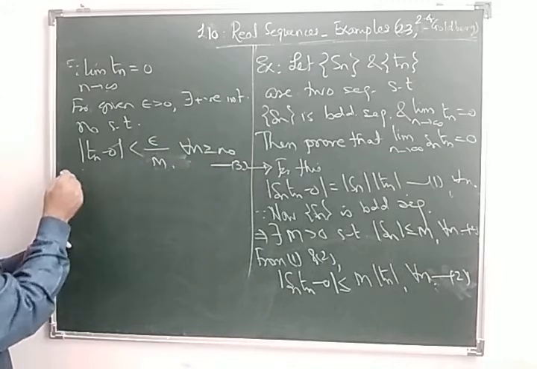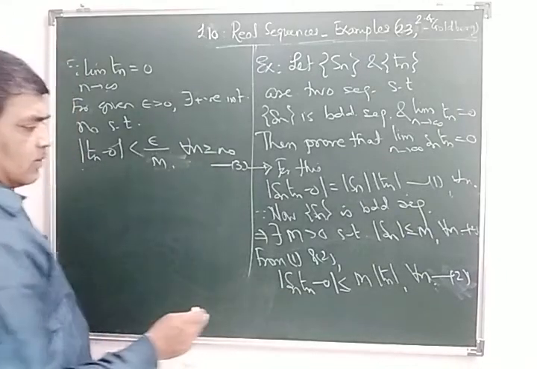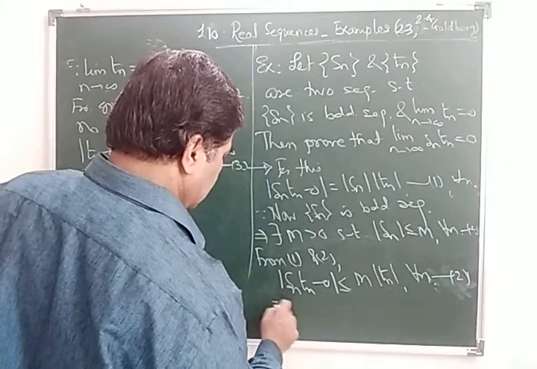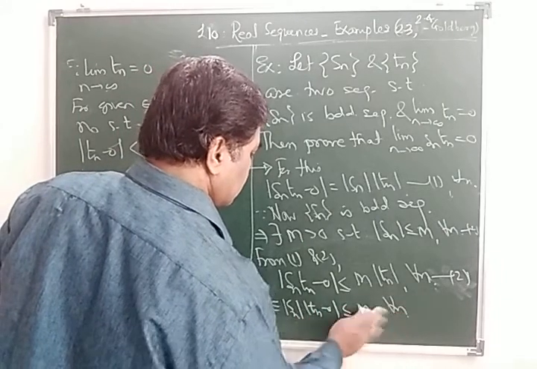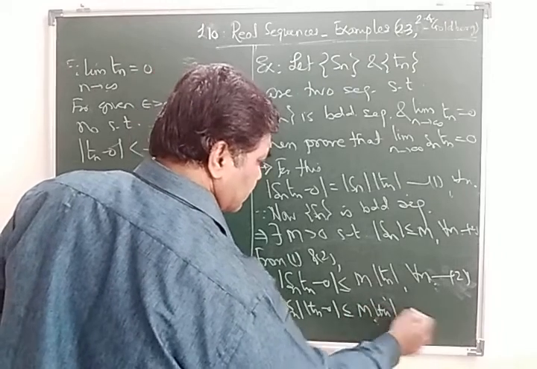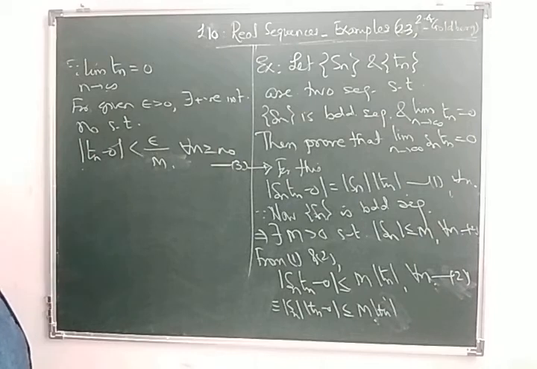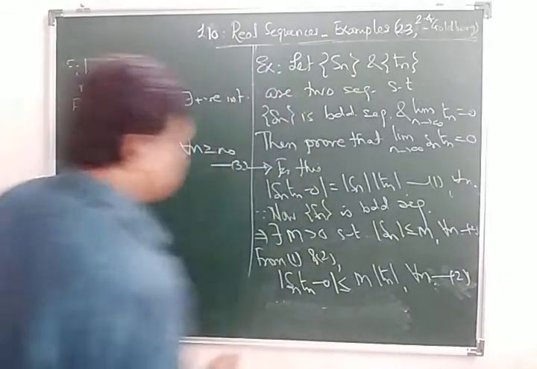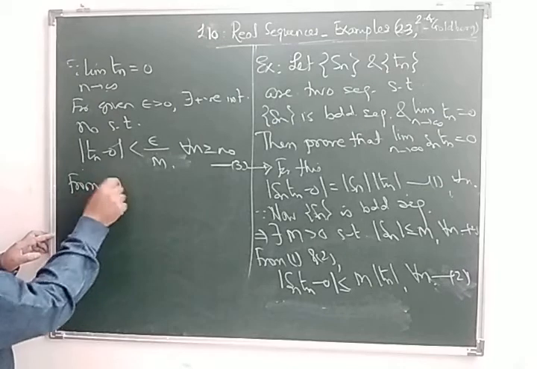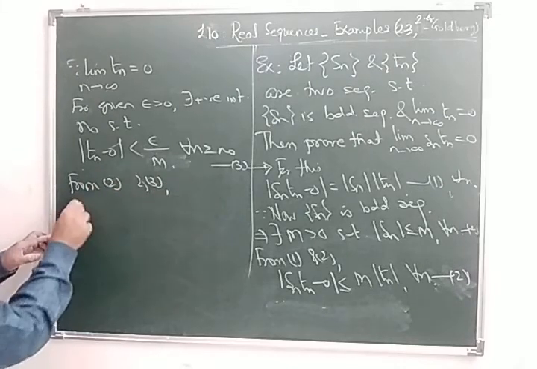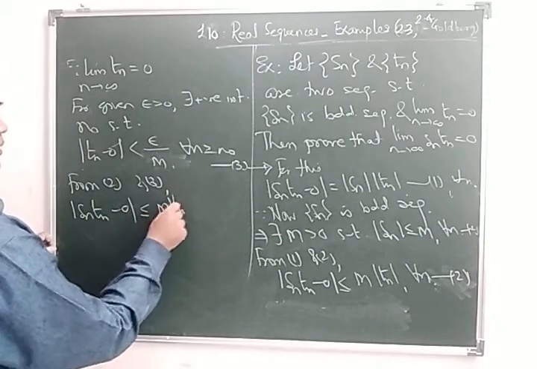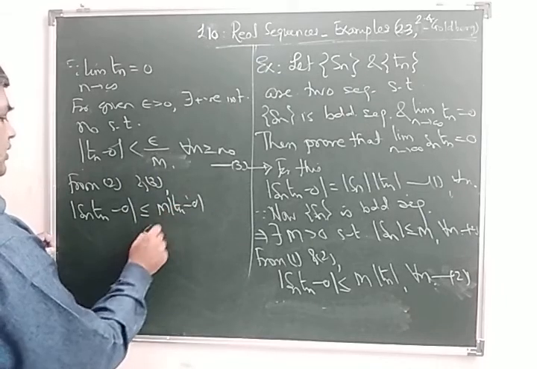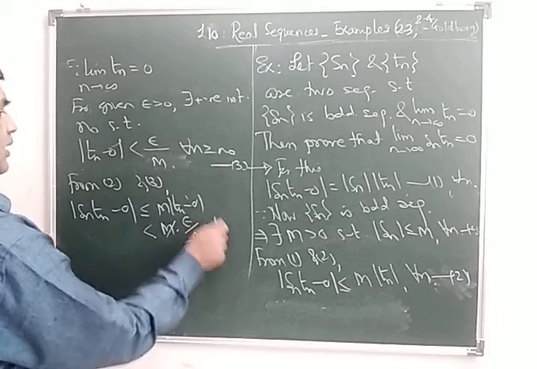From 2 and 3, mod of Sn Tn minus 0 is less or equal to m times mod Tn minus 0, which is less than m into epsilon by m for any n greater or equal to n naught.